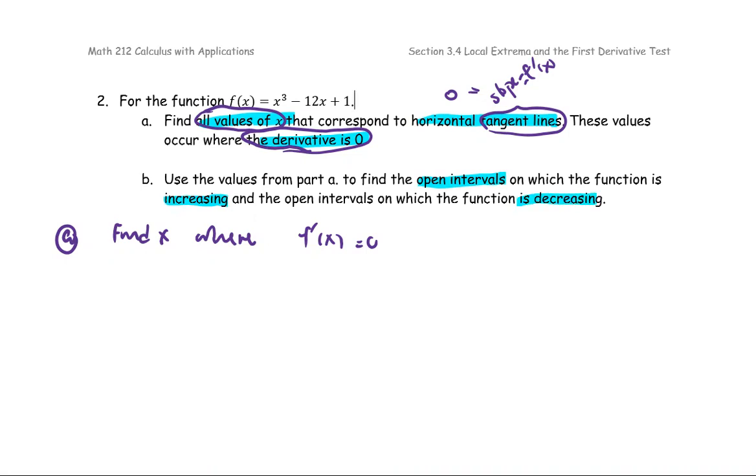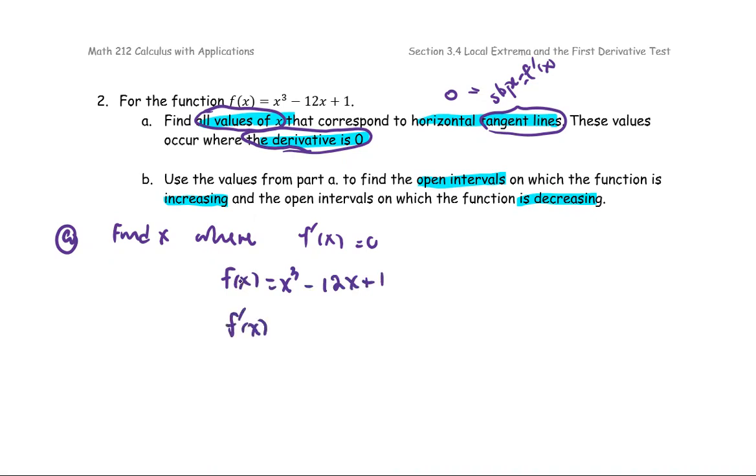So starting from part A, we're going to find x where f prime is 0. For the function f of x, which is x to the third minus 12x plus 1, first we find f prime.